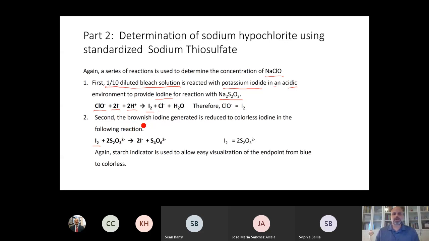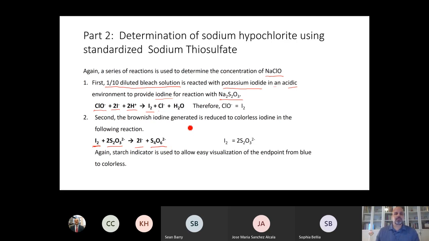The brownish iodine that is generated is going to be reduced to a colorless solution following this reaction. The molecular iodine that we produced in the first step, we're going to react with the sodium thiosulfate to produce our iodide anions and the oxidized sulfur molecule here.